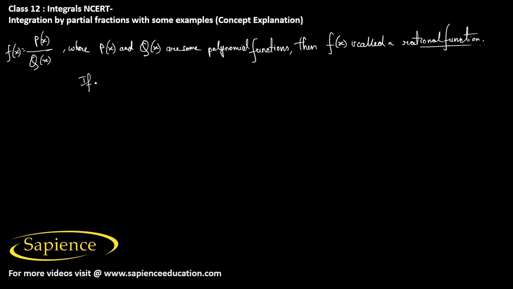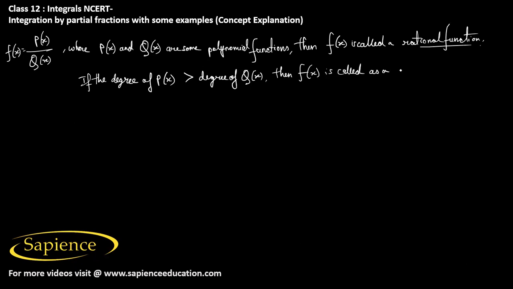If the degree of the polynomial p of x is greater than the degree of the polynomial q of x, then the function f of x is called an improper rational function.